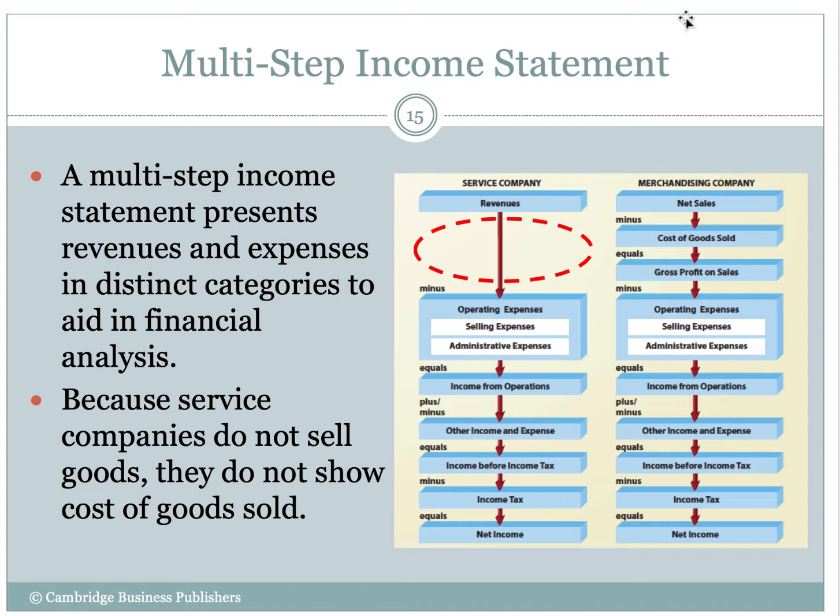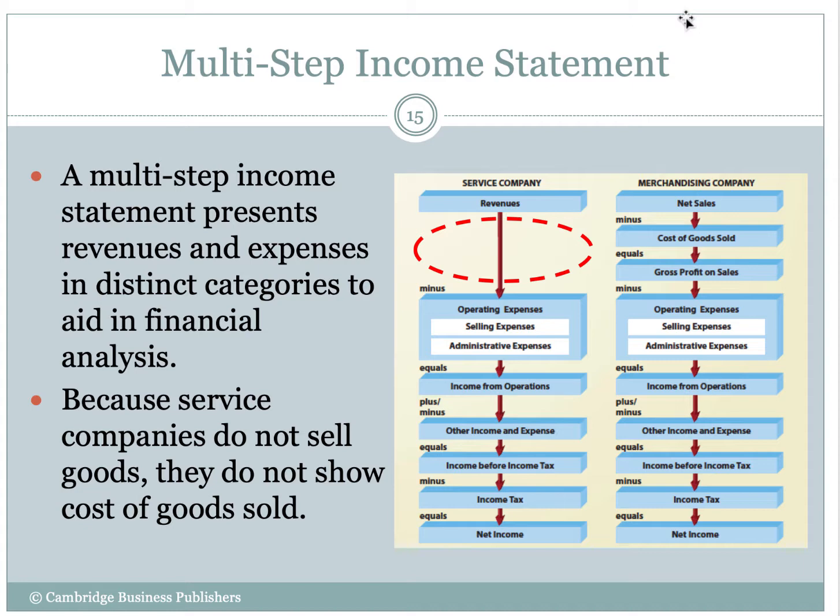Now, we're going to focus in on the merchandising company, but before we do that, notice the difference between the two, right? Service companies, by design, do not buy goods and then turn around and sell them to somebody else. So a service company will not have cost of goods sold.